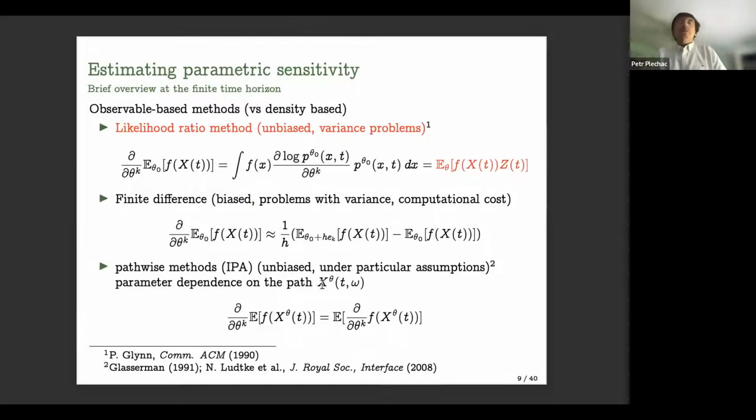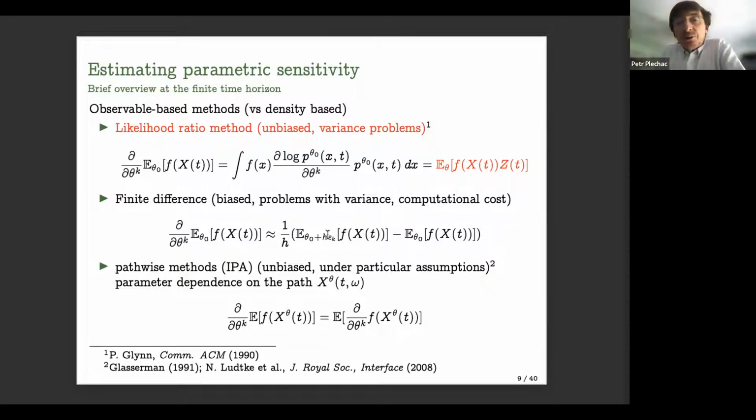So as I said, estimating parametric sensitivity is a fairly common problem with many applications and different approaches. In the finite time horizon case, we can always use the finite difference approximation, of course, simulated at two different values of the parameters.